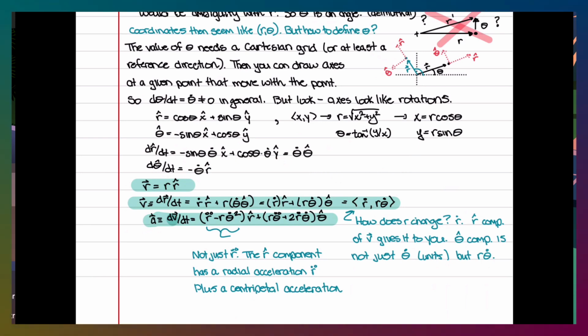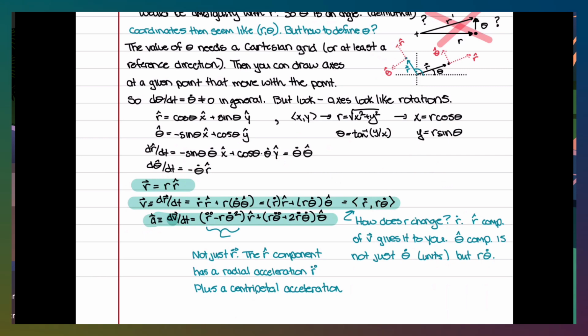What's going on? So I might ask, how is theta changing? Which then governs the kind of orientation of my axes. Well, it's not just that I look at this component and get theta dot. I look at this component and get r theta dot, which then I could solve for theta dot.